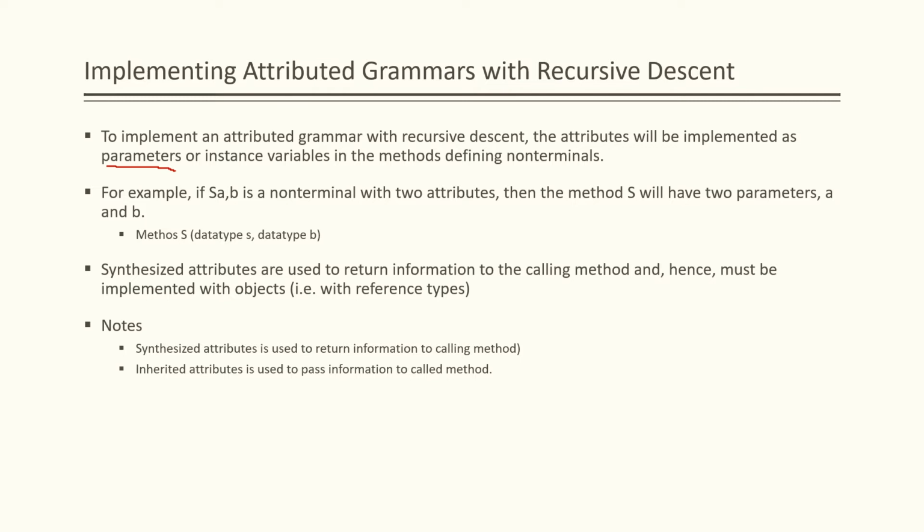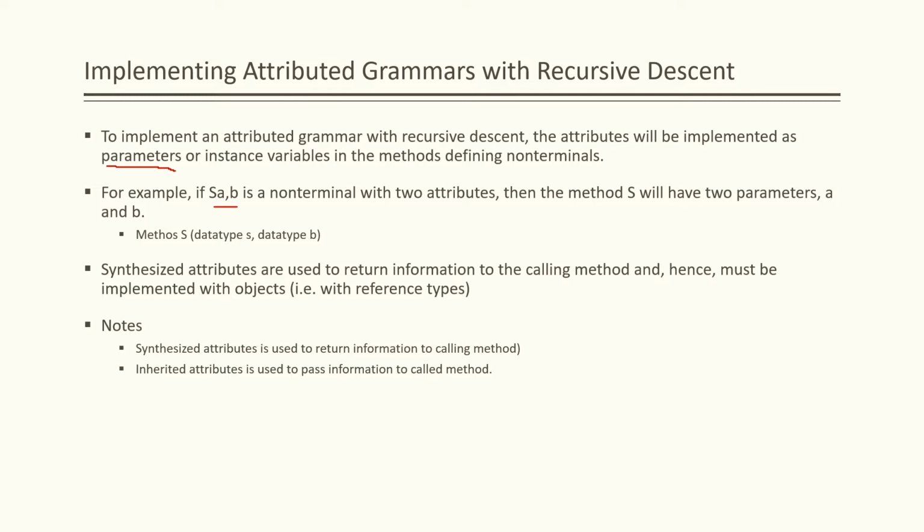Okay, so an attribute would be treated as a parameter or an instance variable in the method defining the non-terminal. For example, I have declared a grammar as S with A and B. Assume A and B are attributes. Attributes should be in the form of subscript. In this case I didn't write it, I didn't change it into subscript.